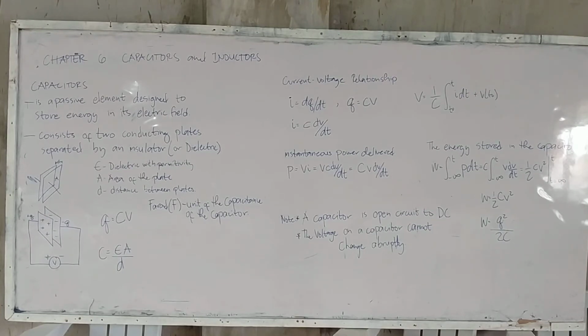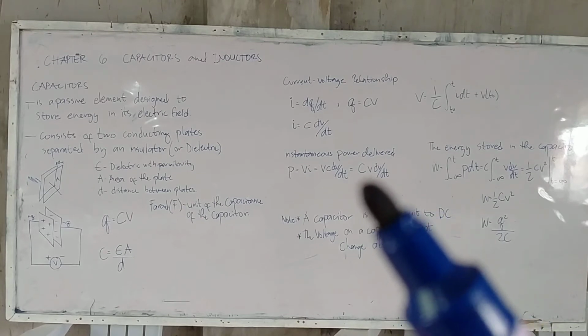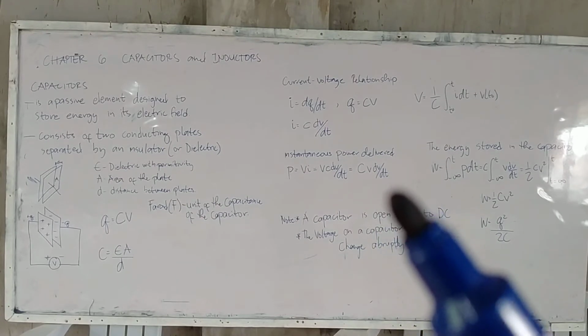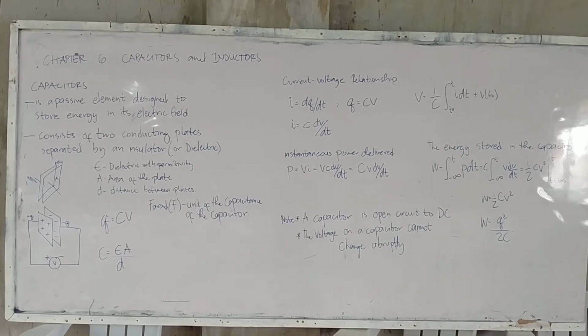And since we know that the current is simply C dv over dt, rearranging it, we will have the equation p = Cv dv over dt. Now, how about the energy stored in a capacitor?